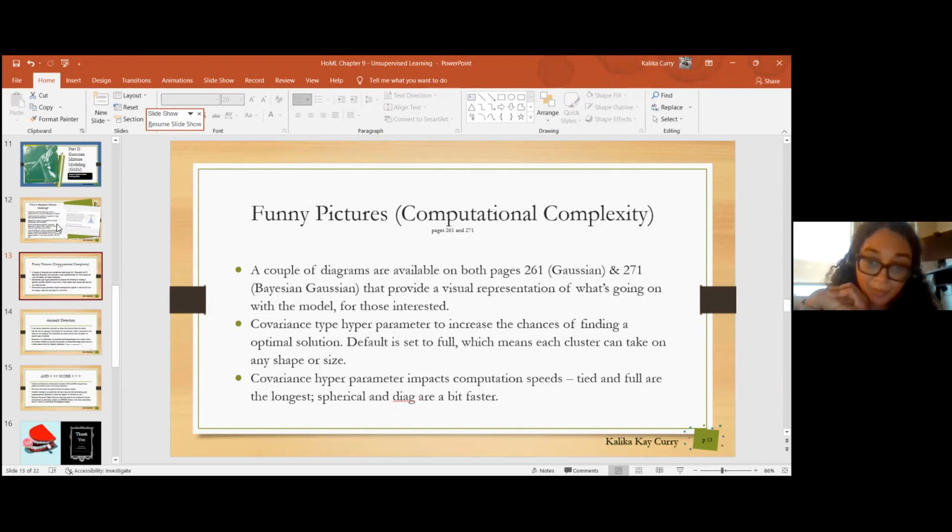Your covariance hyperparameter also impacts your computation speeds. Tied and full will take the longest amount of time, and the spherical and diagonal ones are a bit faster. Anybody have anything they want to add to that one? We only got 4 slides, guys, so drop in, please.